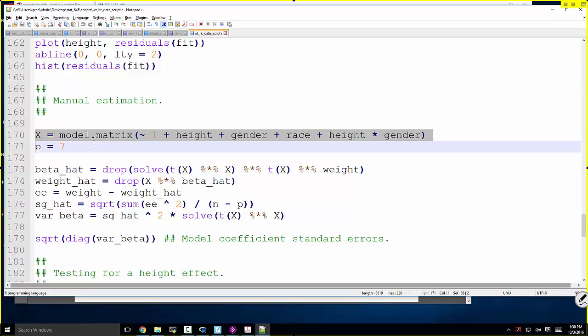It makes it easier when you have several covariates. You just say model.matrix and then include what you would have put as the model statement in an LM call. You don't need the response. You're just setting up the predictors in a particular way. Let me do this and I'll show you what it looks like.